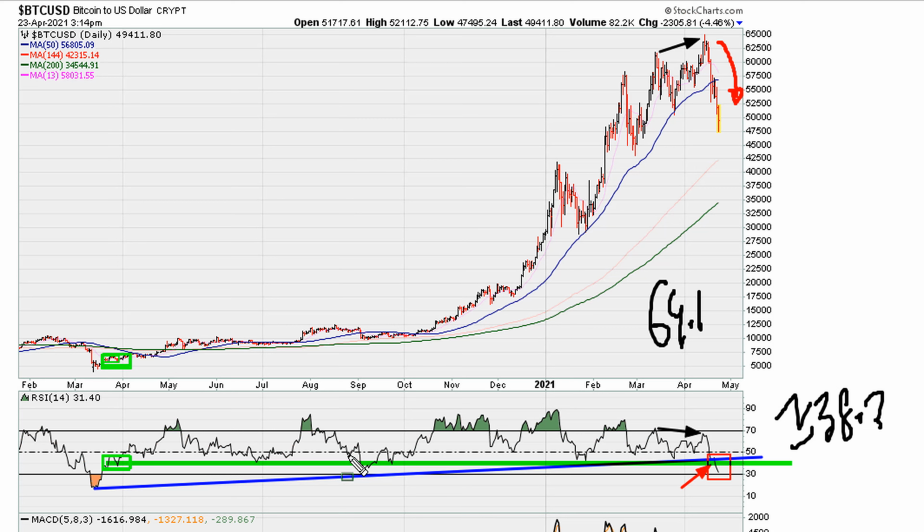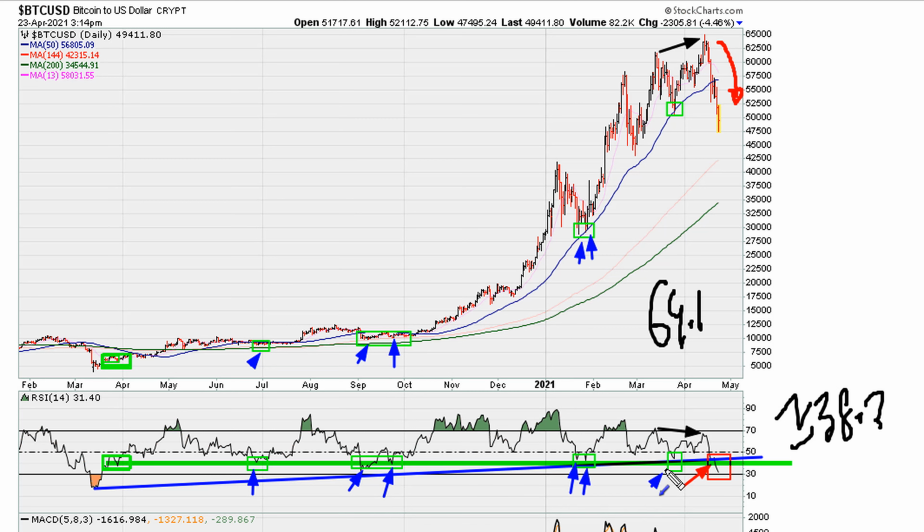And we can see that this is where it's been holding when it is in pullback mode recently. It's been holding the green line when it has had successful bounce periods. Even here, it bounced on this area. So all of these bounces, again, I want to emphasize, this is where it's been finding support on the green line.